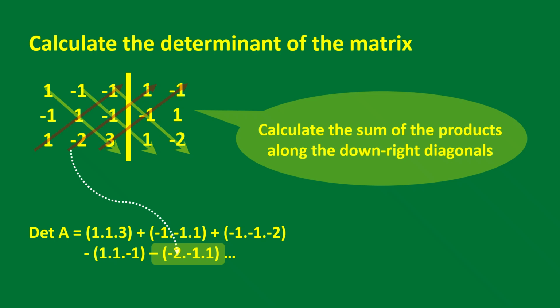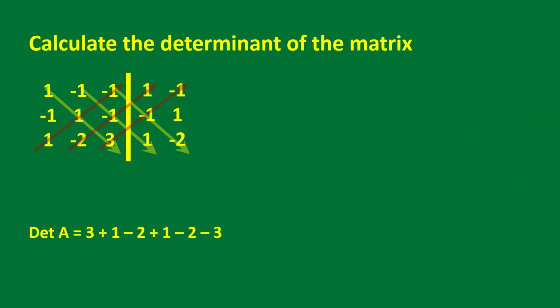And here is the sum of the products of the second upright diagonal, and this is for the third upright diagonal. Then we've got all the sums of the products of all the diagonals here. There you go. In this case, we've got minus 2 as the determinant of the matrix. In other words, you can also say that the determinant of our example linear equation system is minus 2.